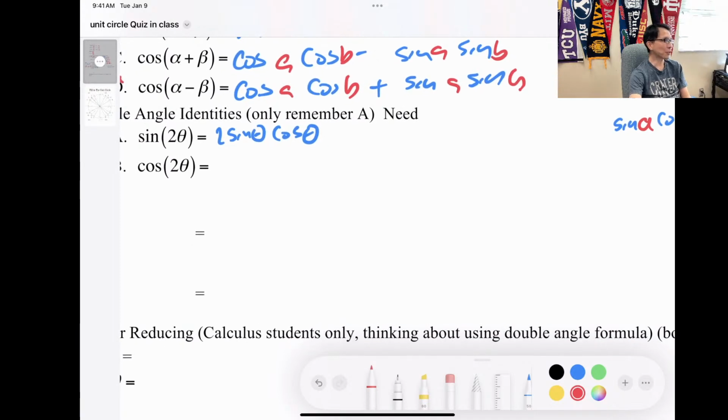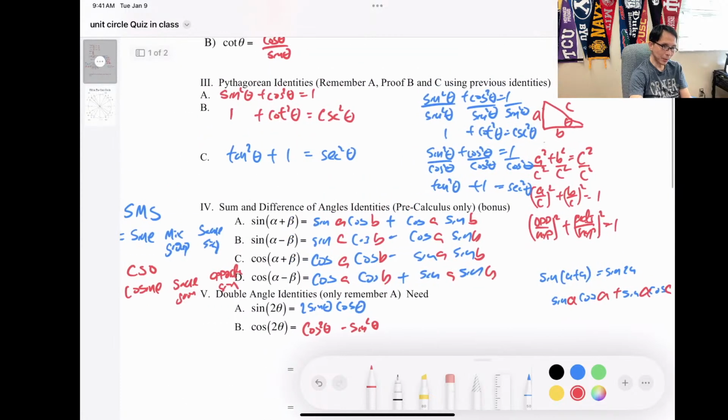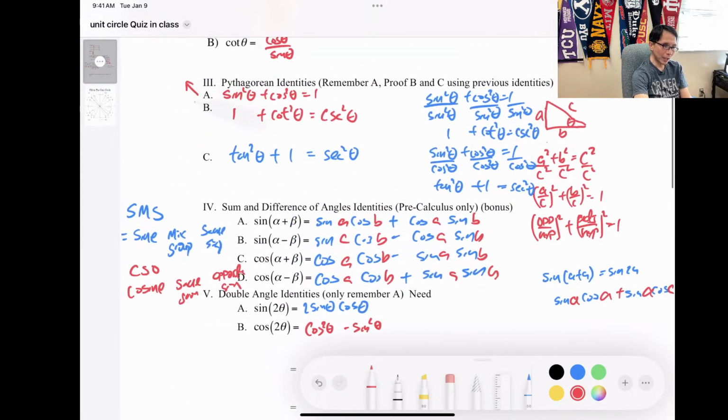All right. What will be the cosine 2 theta? Yep, cosine squared theta minus sine squared theta, because you use the same idea. Does that make sense? Now, why do I put 2 equal signs? Because there are 2 more versions of that. Now let's go back and talk about this one. This one is very important on BC though. In BC, you're going to understand that sine squared theta is equal to 1 minus cosine squared theta, and cosine squared theta is equal to 1 minus sine squared theta.